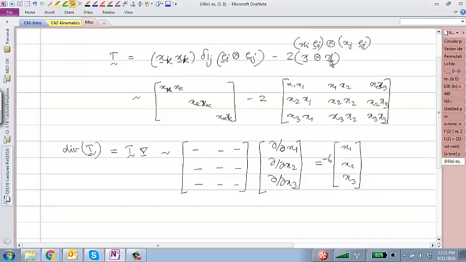The result will be a tensor. Let me write this part again: this would be x_i x_j e_i dyad e_j. So x_i x_j is these 9 terms, right?